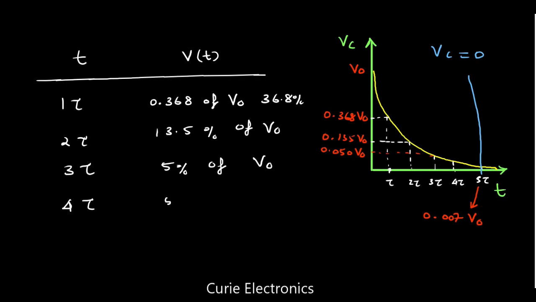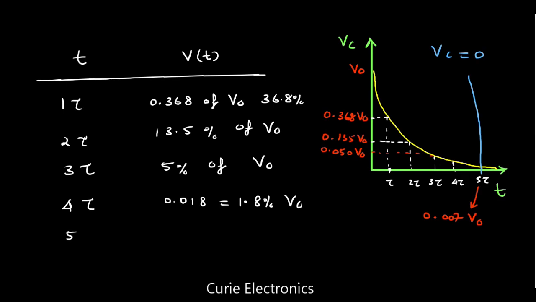It reduces to 0.018. That means 1.8% of V0.